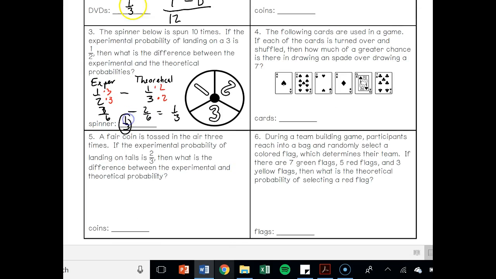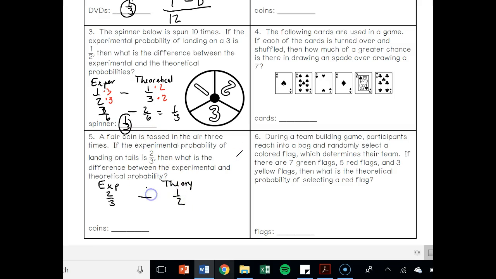All right, let's circle your answers so we can easily see them. Number 5, a fair coin is tossed in the air 3 times. If the experimental probability of landing on tails is 2/3, then what is the difference between the experimental and the theoretical? So again, experimental is 2/3, we know that in theory, a coin should be on heads or tails half the time, so 1/2.